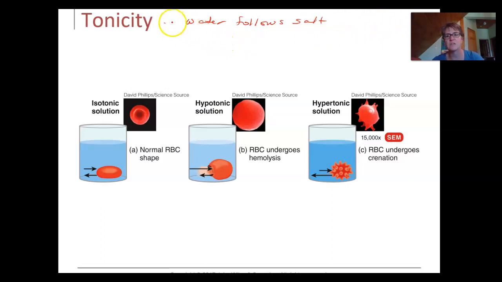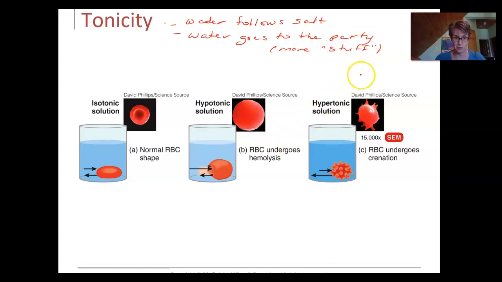Water follows glucose. What I say is water goes to the party. And the party is where there's more stuff. Those are my technical rules for the movement of water. Goes to the party. Where's the party?